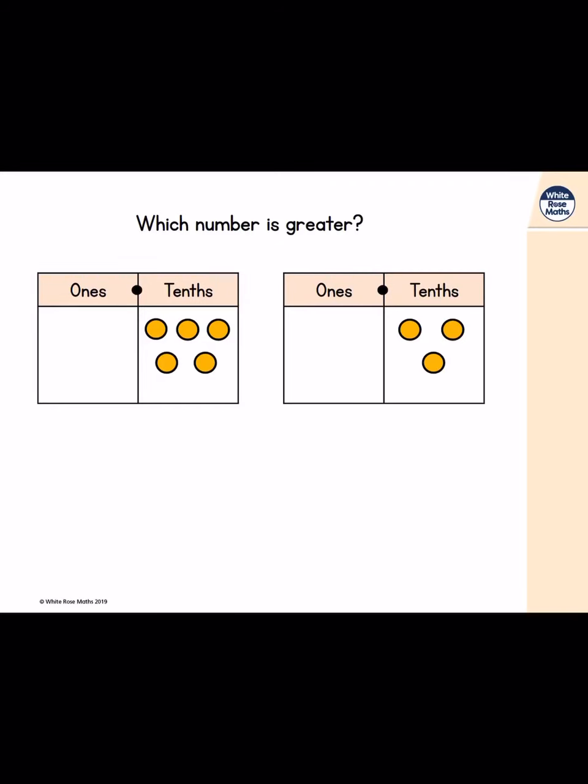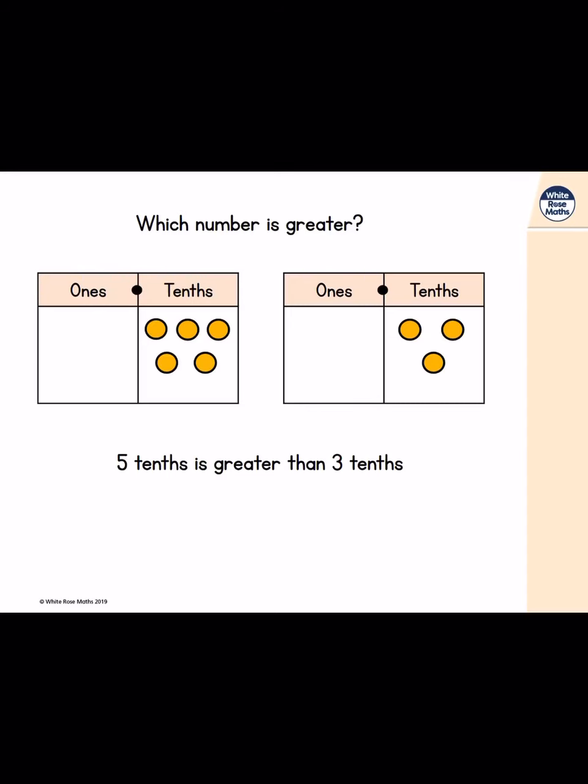Now we're going to look at comparing decimal numbers. Which of these numbers is greater? The number on the left is 5/10. The number on the right is 3/10. So we can see 5/10 is greater than 3/10.